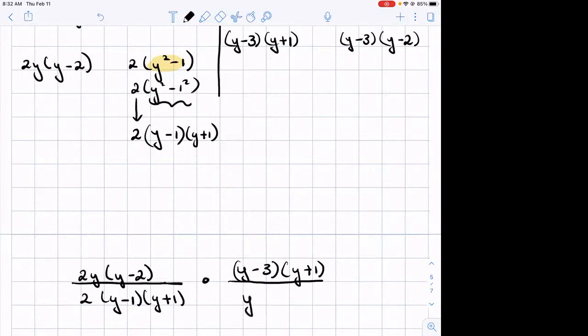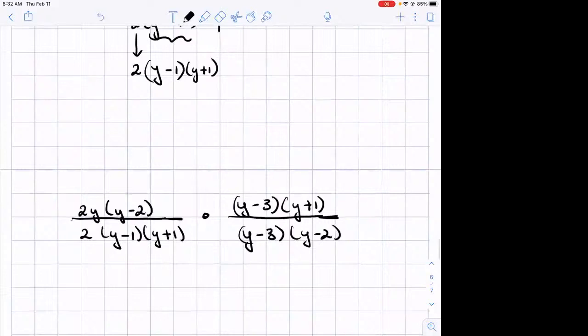And then for the bottom, we have y minus 3 and y minus 2. So please note, when you draw the line, it must be over everything in the top and everything in the bottom. The line must cover everything in the denominator. Please be careful with that.